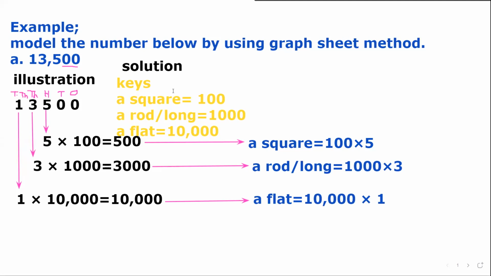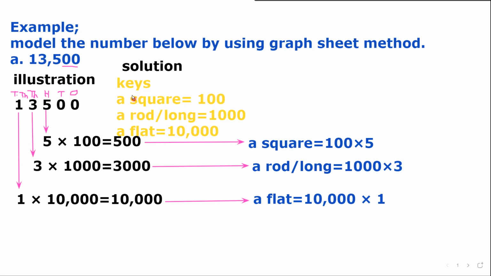Now, model the number below by using a graph sheet method. We have the 13,500. That is the number that you are going to model. Because the 13,500 ends with 2 zeros, the key, or the material that will be needed, the least one, which is a square, will be used to represent 100, like we said earlier.